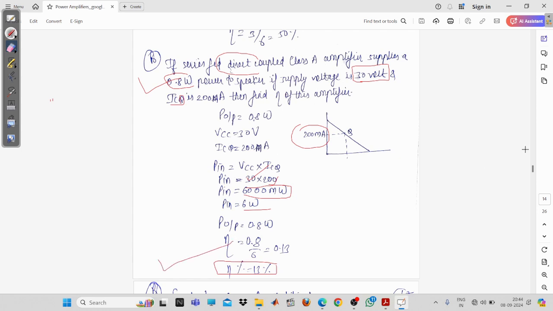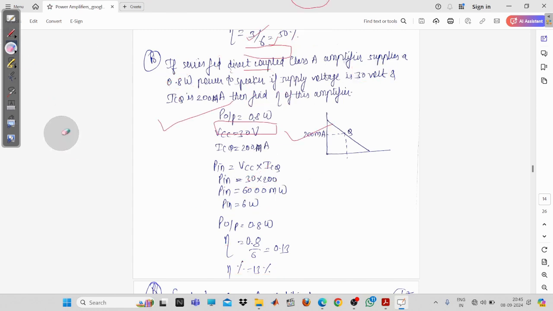So the efficiency of this class A power amplifier, which is supplying 0.8 watt to your speaker, is 13%. You can see that 87% of the power has been lost due to the DC biasing, because it is directly coupled.